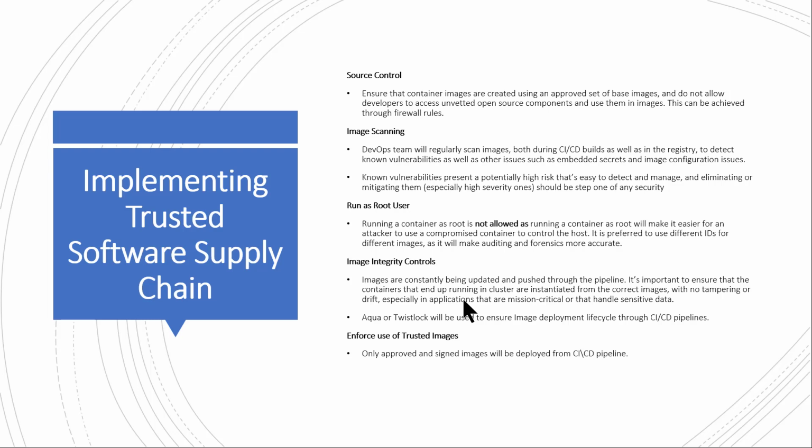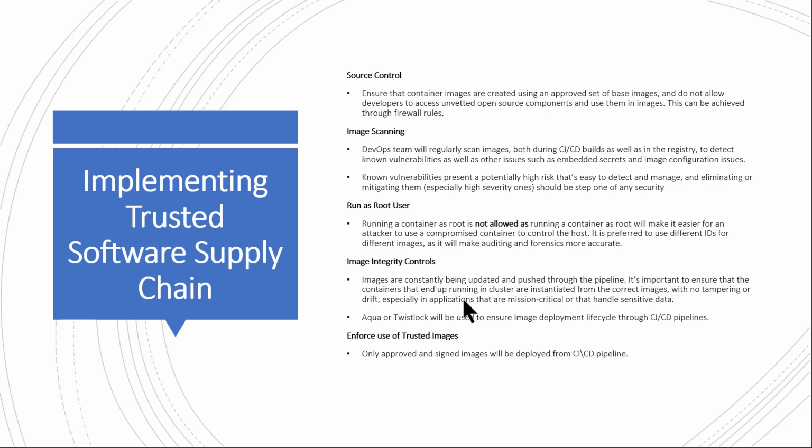So if you see here, implementing a trusted software supply chain, these are the key areas from the best practices perspective that you should be considering. Source control. All these images that we talked about earlier should not be coming from just any source, right? We have to control what our key repos are that you would allow in your organization as the source control.